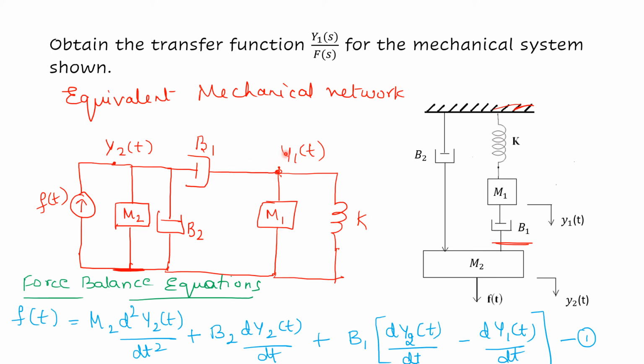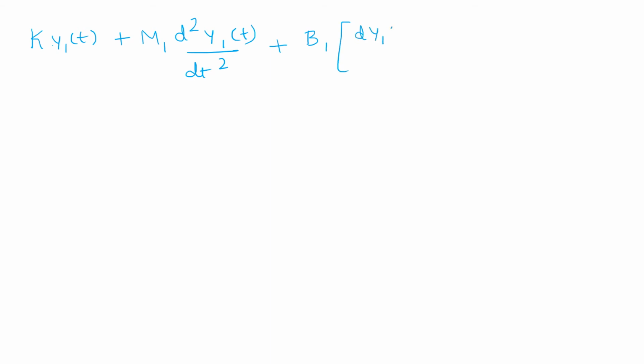So we can write the second equation with respect to node y1 as k y1(t) + m1 d²y1(t)/dt² + B1 (dy1(t)/dt − dy2(t)/dt) = 0. This is our equation 2.